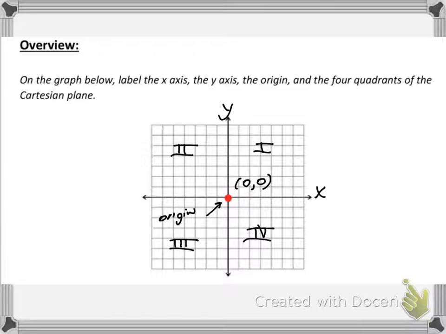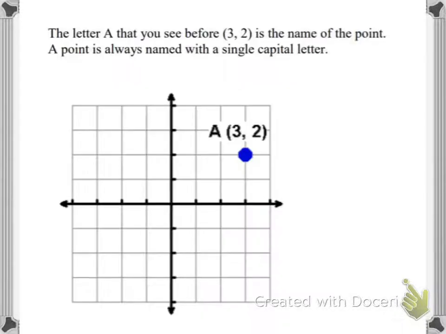Alright, so let's keep going. Anytime you have a point that you need to graph, we always use a single capital letter to represent a point. Notice that there is an ordered pair written next to our letter. If you remember, the way we do ordered pairs is first we give you the x value and then we give you the y value.